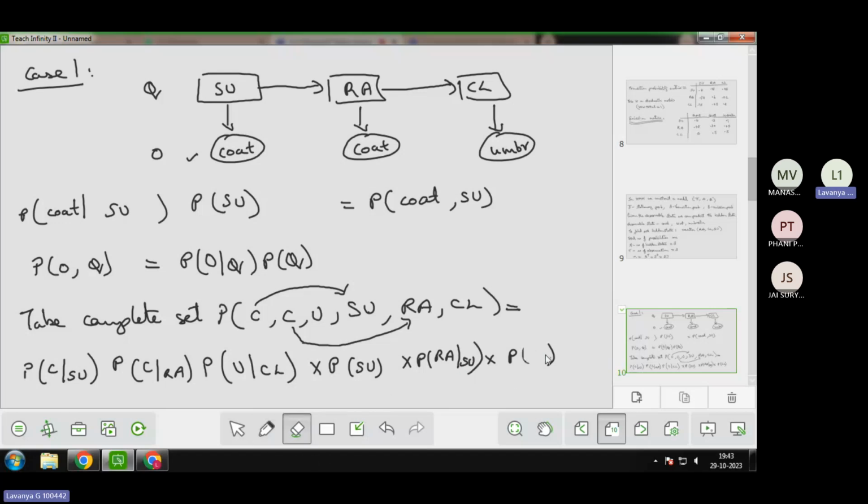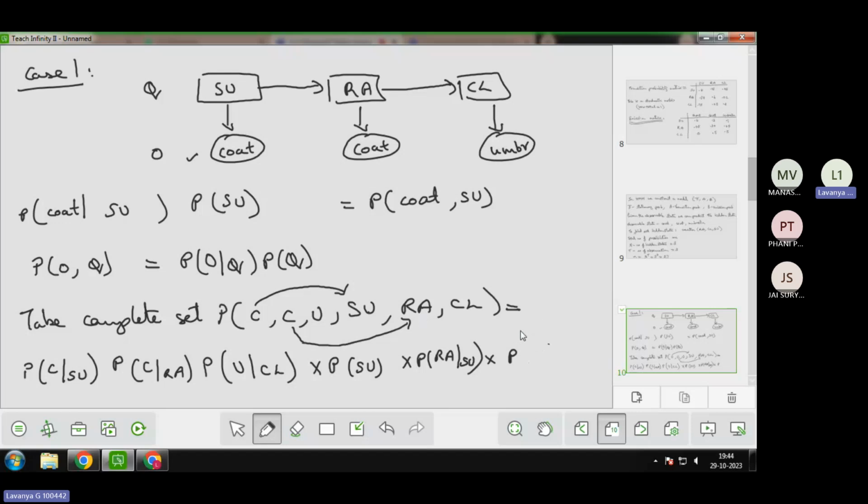Now similarly, when you come for the next case, see here, it is having an umbrella. It is cloudy and he is having an umbrella. But when you are observing the umbrella, after seeing 2 times coat, what was the previous case? Coat with a rainy day. So here what will happen?